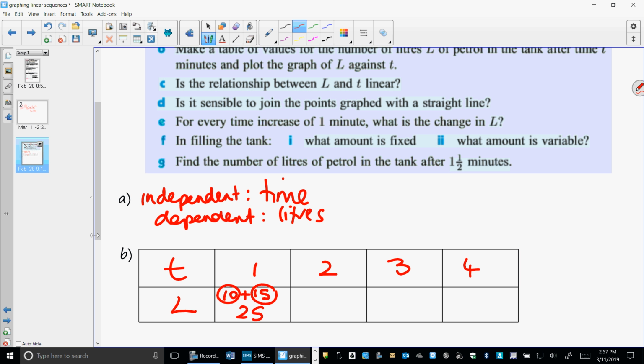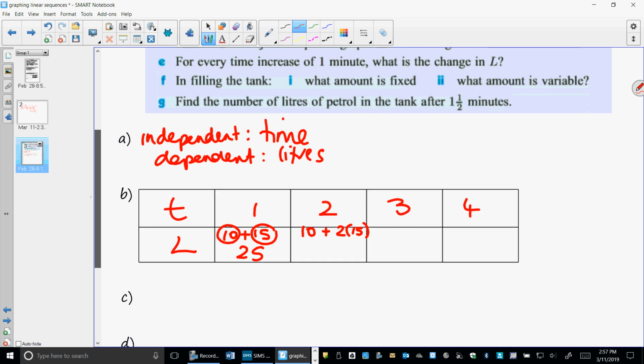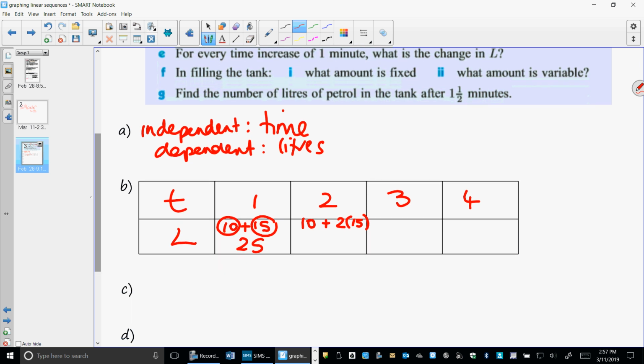So here, for the second minute, I'm going to have 10 litres plus 2 lots of 15. Do you follow that? Yeah. So for our second one, we've got 10 litres plus 2 lots of 15, or in other words, 10 plus 30. 15 more than this. Yes? 10 plus 30, which is 40, yes?